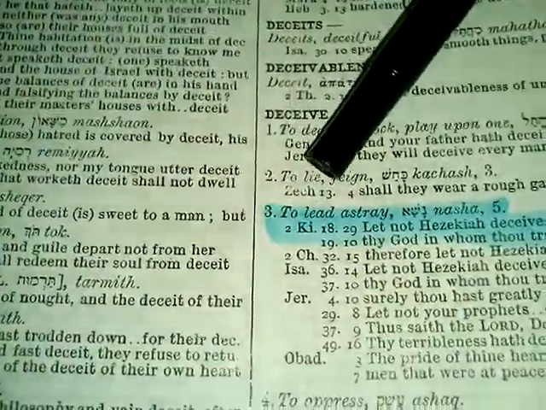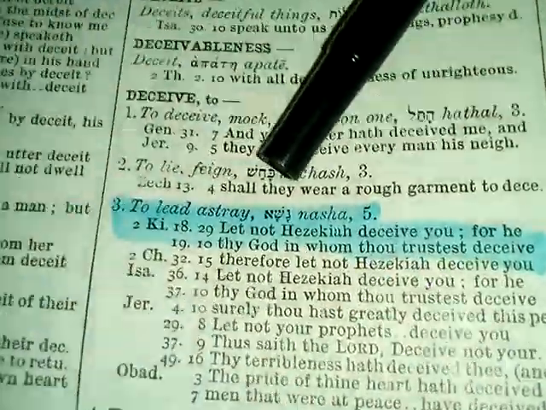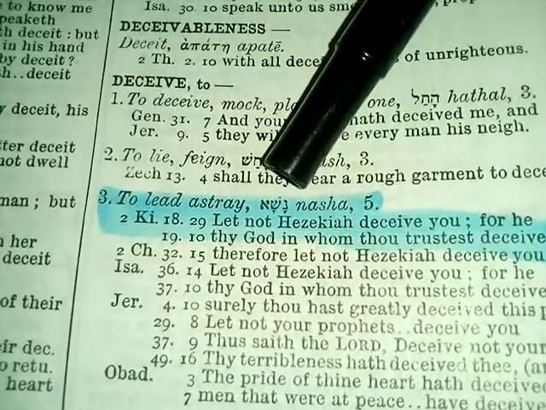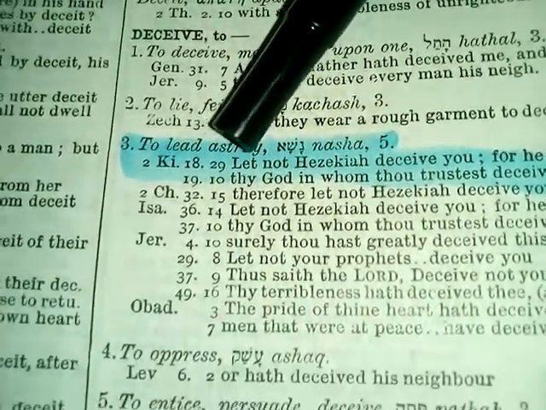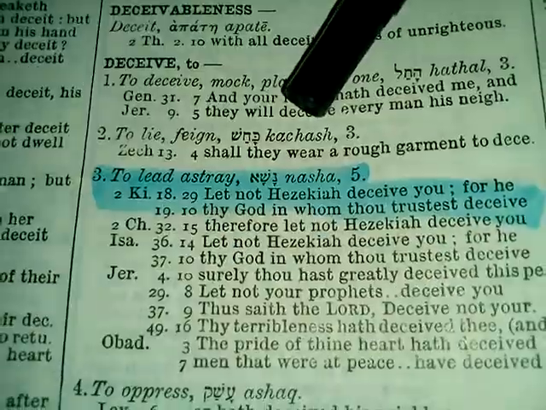Then it says here, to lead astray, as in to deceive. Nasha, Nun, Shin, Aleph. And then it gives you the several quotes in the scriptures where that word is used. So let's go into the next one, for edification purposes. And brothers and sisters, I present this in due love and respect. Let's go on.